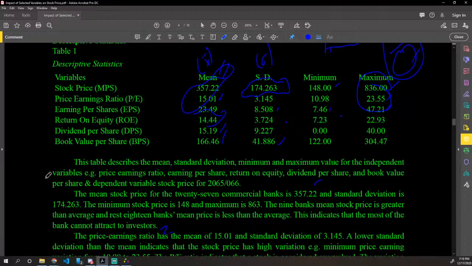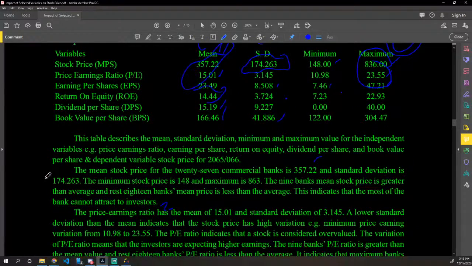The price earnings ratio has a mean of 15.01 and a standard deviation of 3.01. The deviation is lower than the mean, right? The stock price has high deviation. That is correct as well, because of the price to earnings ratio.